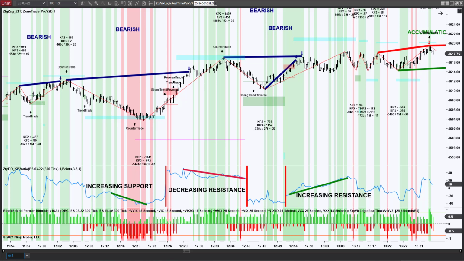Exclusively using only the VIX and SPY divergences is not always going to work. What is also important is to incorporate the use of the KP2 ratio, because that is telling us in real time what is happening with support and resistance.